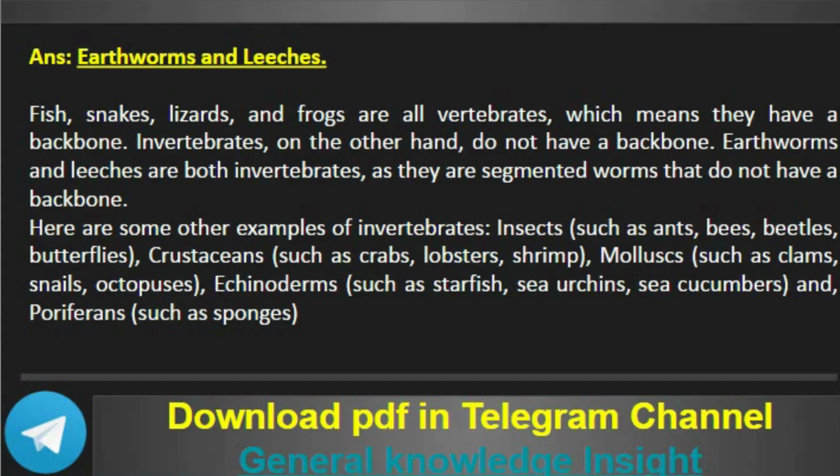Here are some other examples of invertebrates: insects such as ants, bees, beetles, and butterflies; crustaceans such as crabs, lobster, shrimp; mollusks such as clams, snails, octopus; echinoderms such as starfish, sea urchins, sea cucumbers; and poriferans such as sponges.